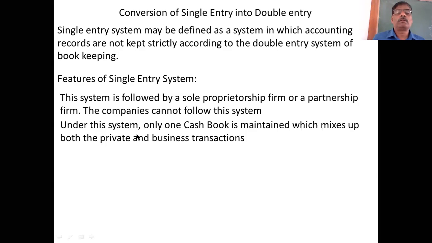And the second feature is, under this method, only the cash book is maintained, with a mix-up of both private and business transactions. Only some subsidiary books are maintained, not all of them. Only the cash book is maintained to record cash transactions, which may be related to business or to the personal activity of the trader.